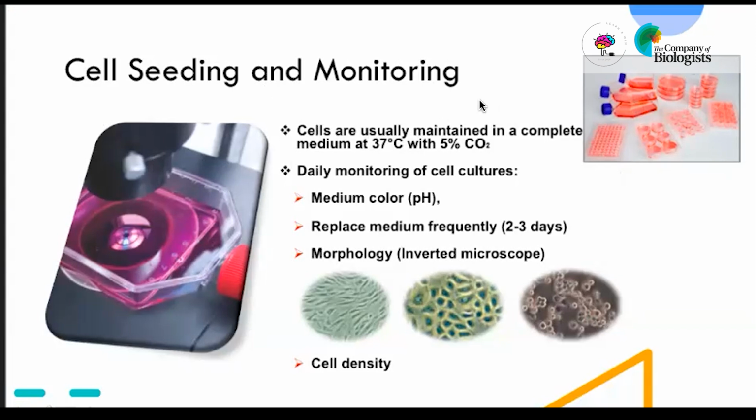I think everyone knows now that cells are maintained in a complete medium at 37 degrees with 5% CO2. But it's important to monitor factors like medium color for pH balance, for example, to replace medium frequently, and to observe cell density and morphology.